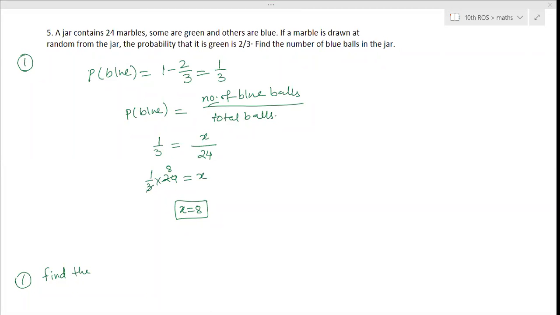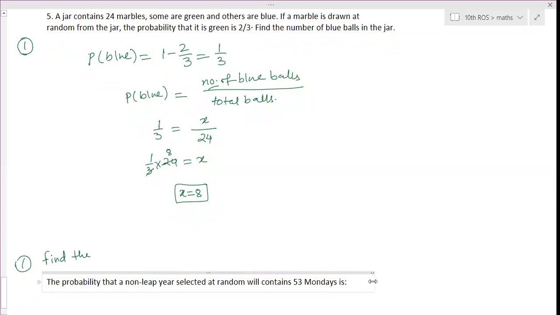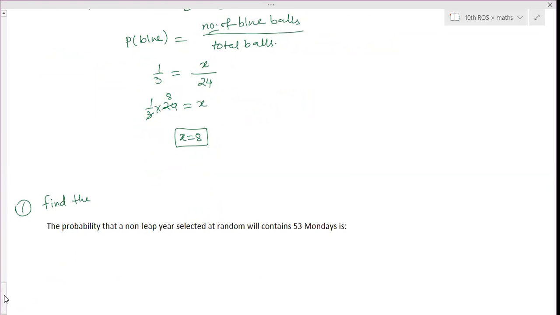So question 1: the probability that a non-leap year selected at random will contain 53 Mondays is. So it will have 53 Mondays.